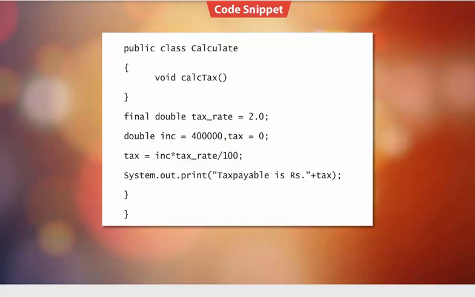For instance, the value of the variable tax could be initialized as 0 during declaration. Later, it could be changed according to a formula. But the tax rate is constant. The value of the constant tax rate will not change during program execution, as it is declared as final.